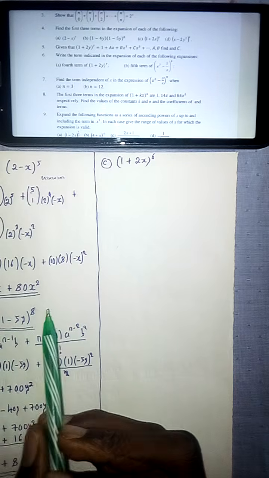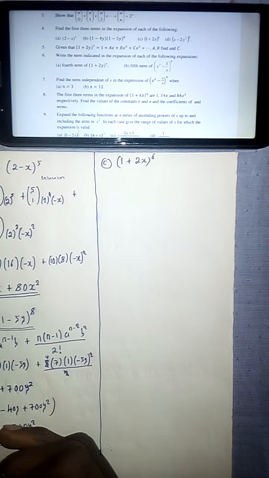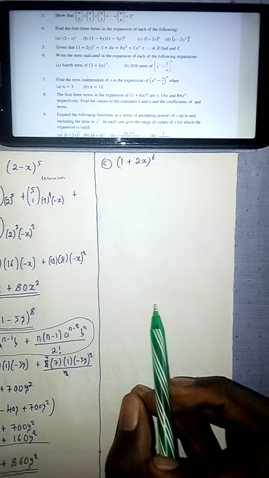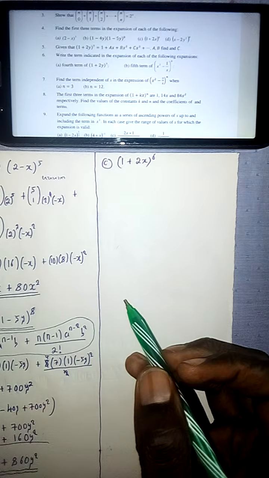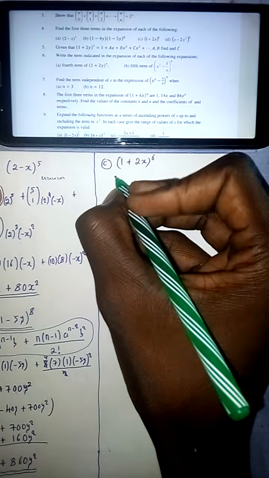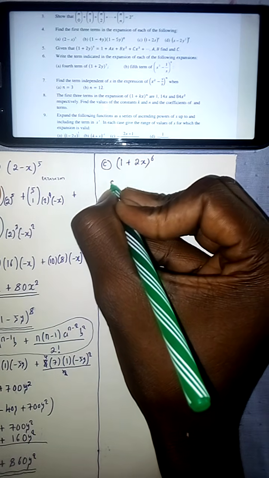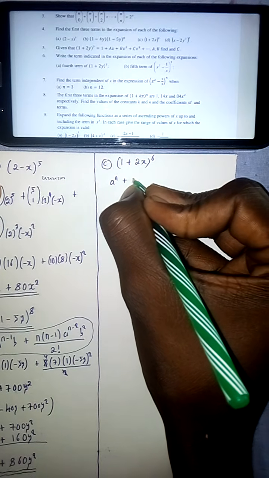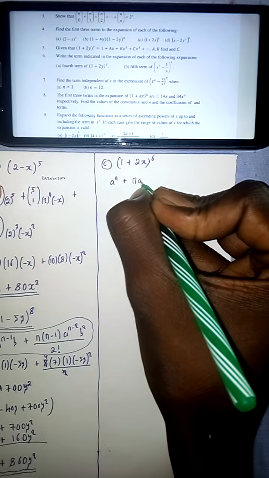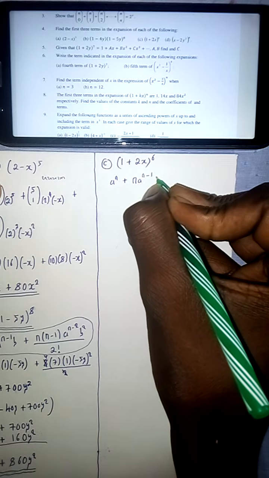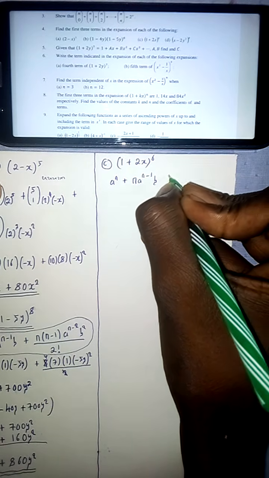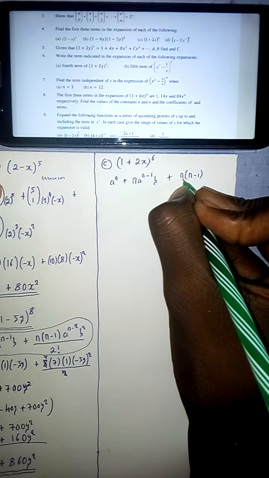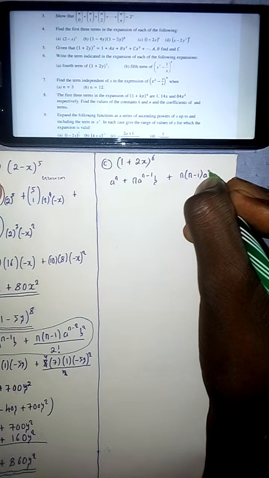Where is the formula? Well, the formula is this one here. This is the formula, right? So we're going to get it and use it. So this is our formula, guys.